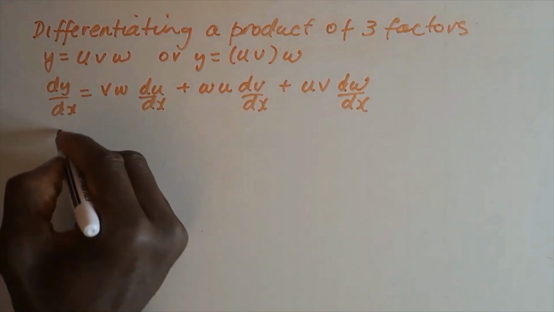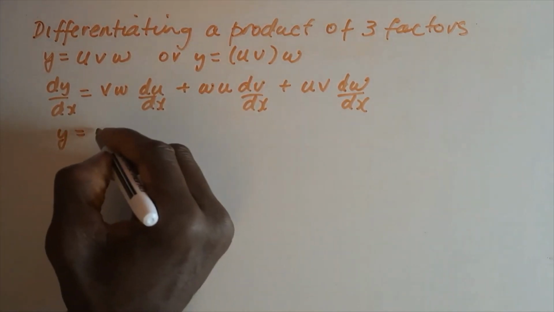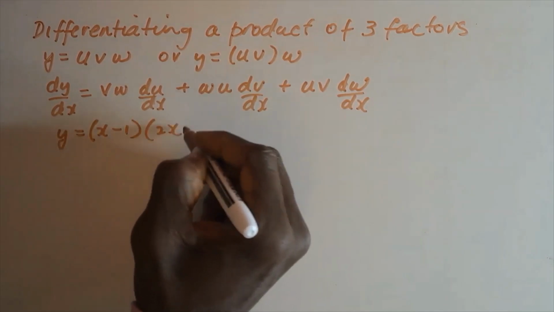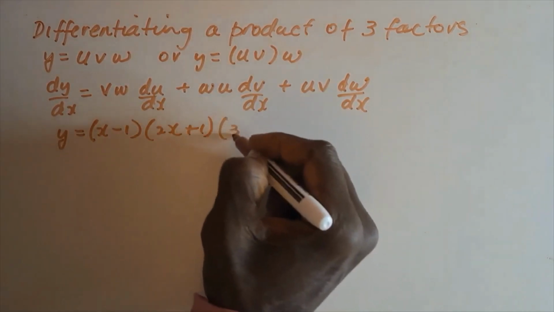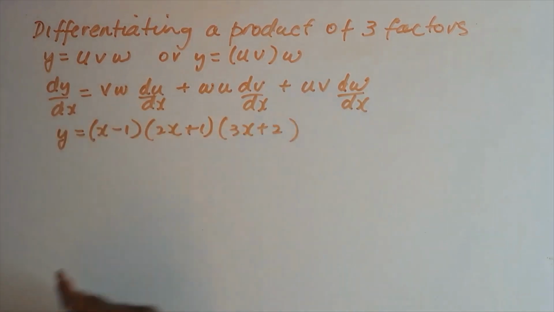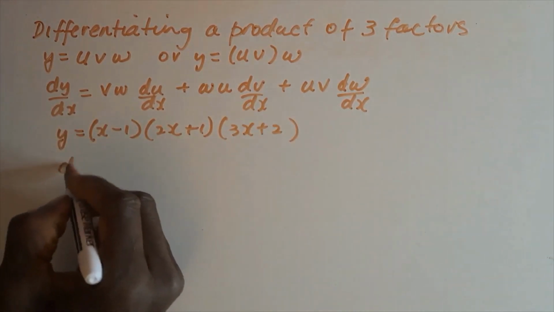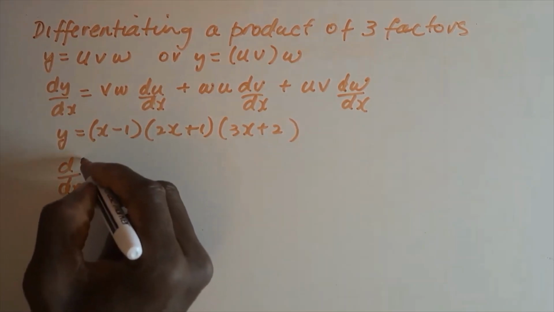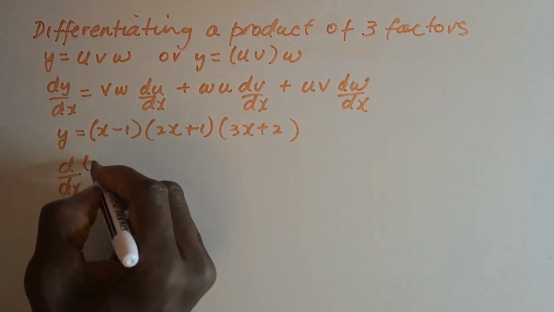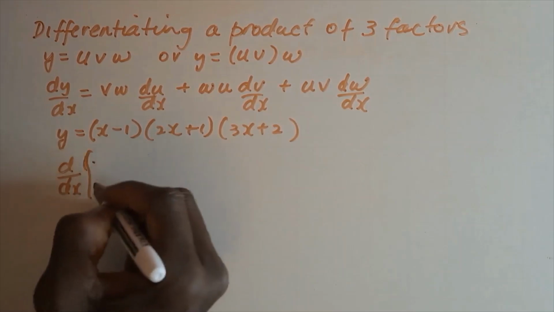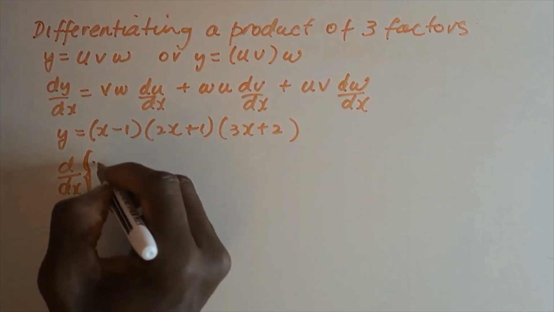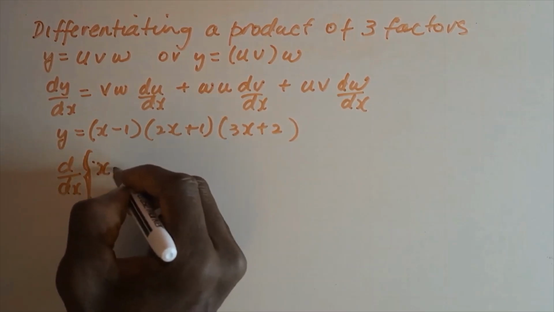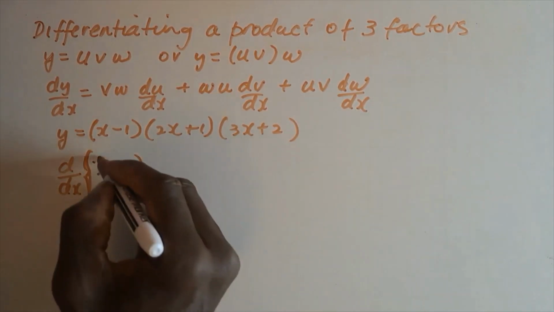So let's say we have y is equal to x minus 1, 2x add 1, and 3x add 2. So d dx of y, we'll put it all together as x minus 1, 2x add 1, 3x add 2.